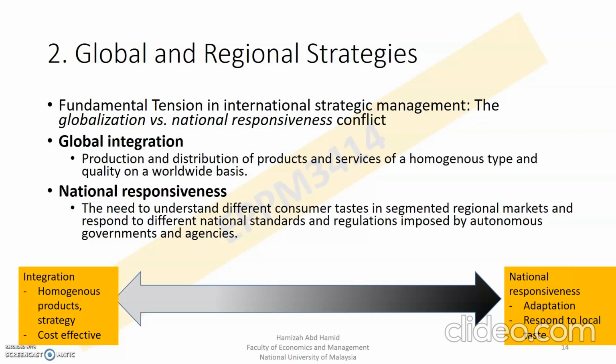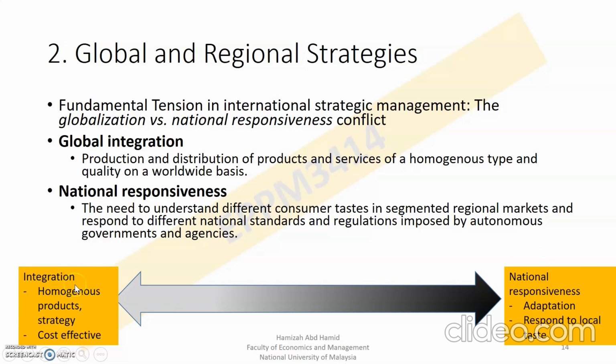Some activities in national responsiveness include adaptation and responding to local tastes. Now, of course, logically, there's no company using 100% global integration or 100% national responsiveness. Likely, there is a combination of both.